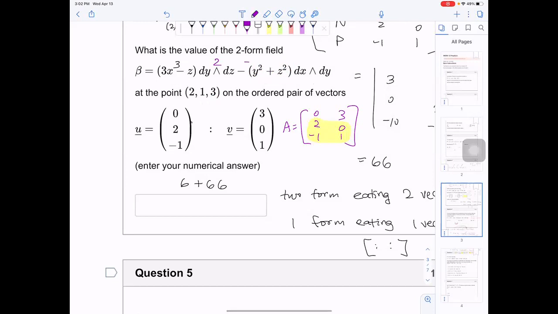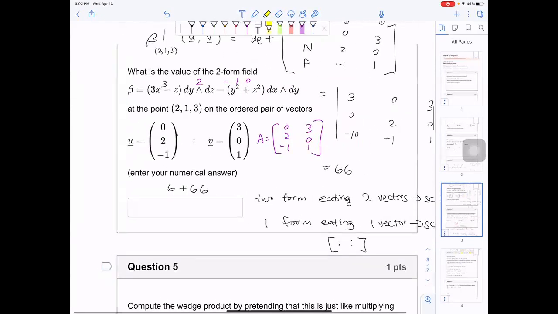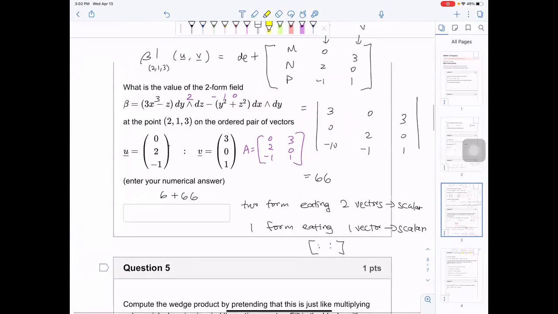And then dx wedge dy, I want to line up my x row and my y row, and I take the determinant of that, which is negative 6.